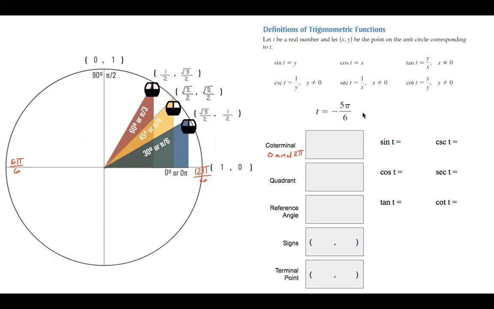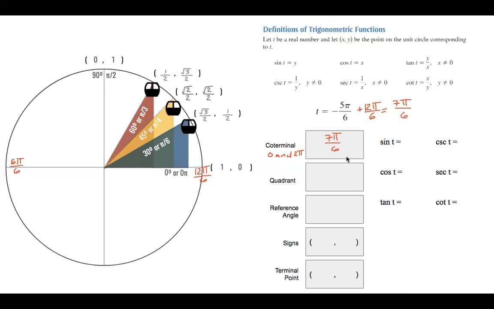To find a positive coterminal angle, you just have to add 12 pi over 6, and you're going to get 7 pi over 6. That means that a positive coterminal angle between 0 and 2 pi is 7 pi over 6.